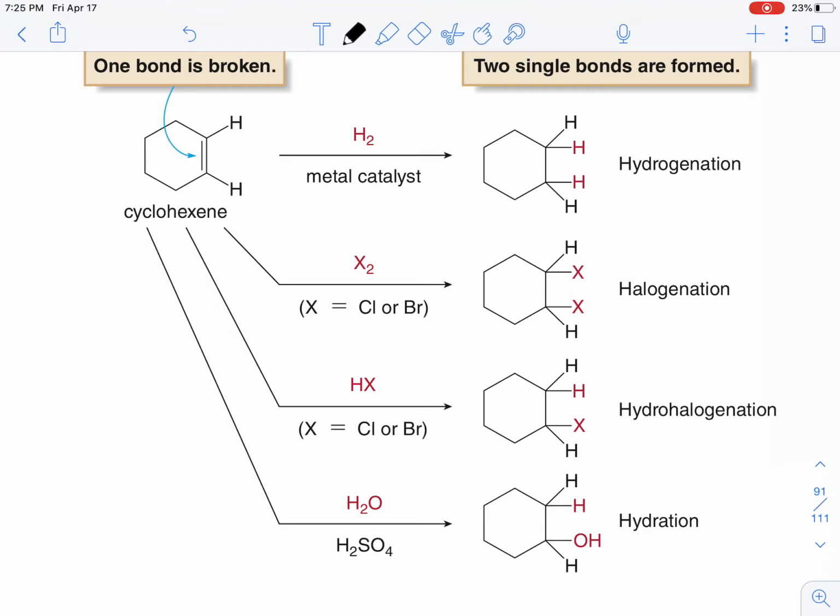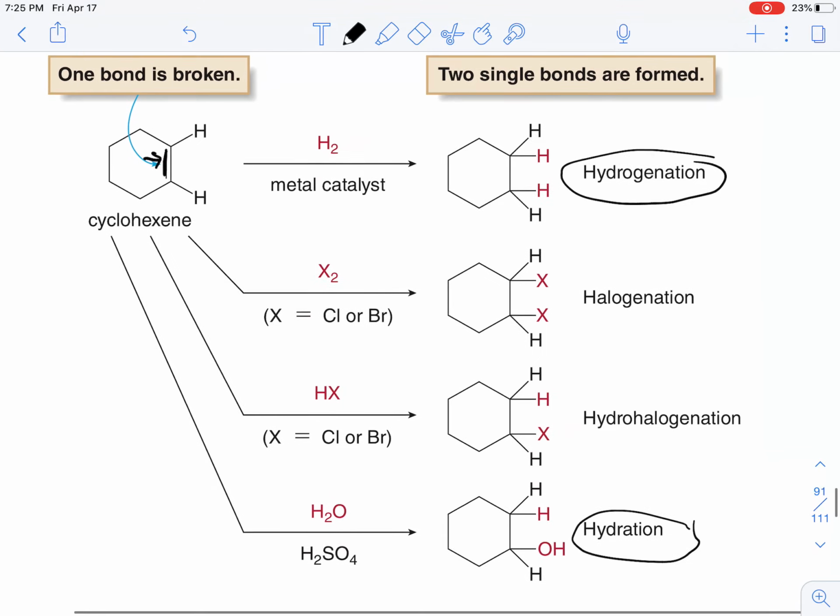The idea is that we have one of the double bonds broken such that those electrons are free to be shared to another substance. There are two reactions that we're going to be focusing on: hydrogenation, and hydration.